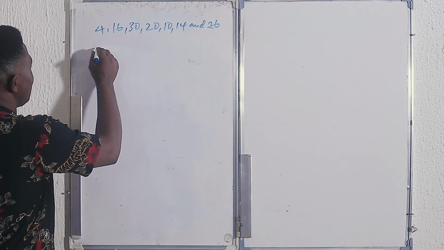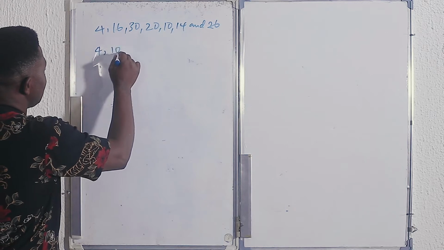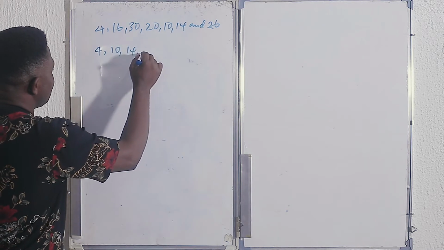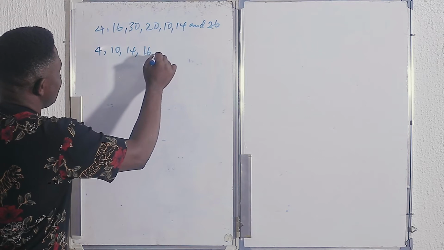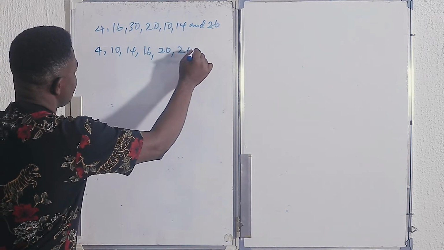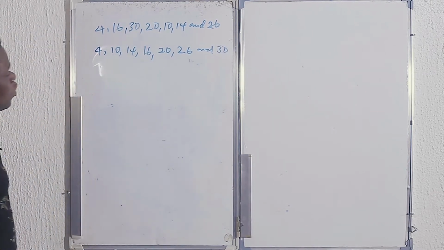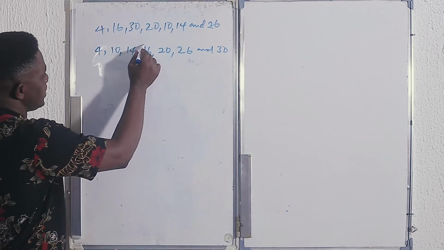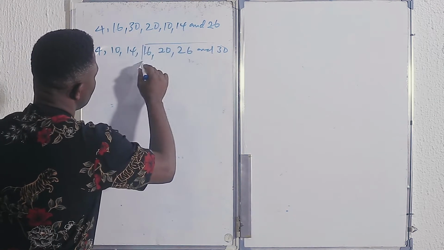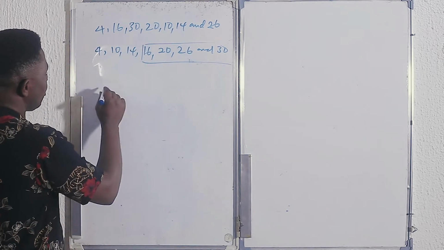We have 4, 10, 14, 16, 20, 26, and then 30. So all numbers that are greater or equal to 16 will be from 16 to 30. So we just take that, we add all of that up.